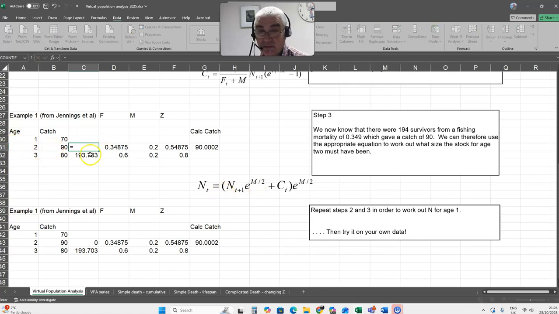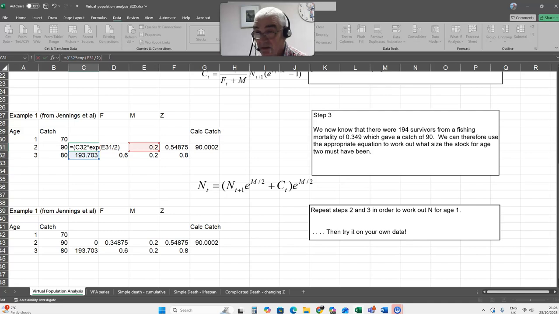So if we put that in, we go N at t plus 1 times exp of natural mortality divided by 2, with a bracket around that. We want all of that to be in one set of brackets.